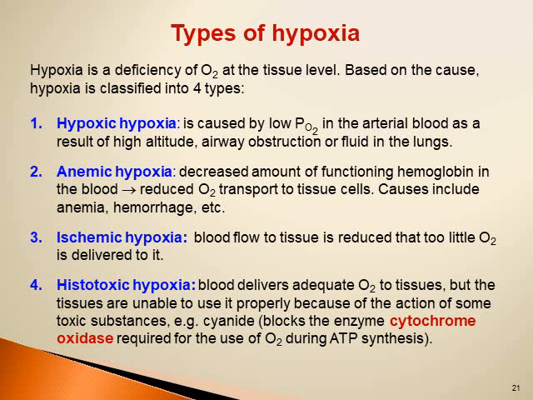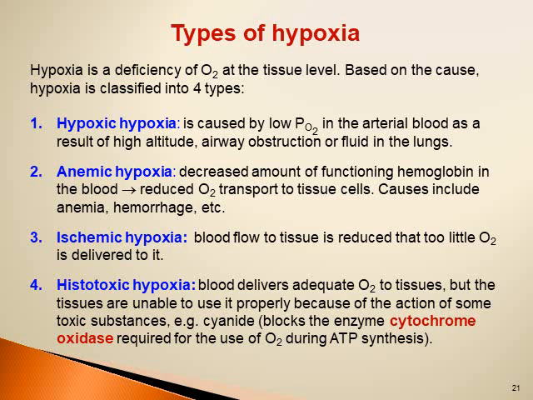Blood delivers adequate oxygen to tissue, but the tissues are unable to use it properly because of the action of some toxic substances. And the famous example is cyanide, because it blocks the enzyme cytochrome oxidase required for the use of oxygen during the process of ATP synthesis.